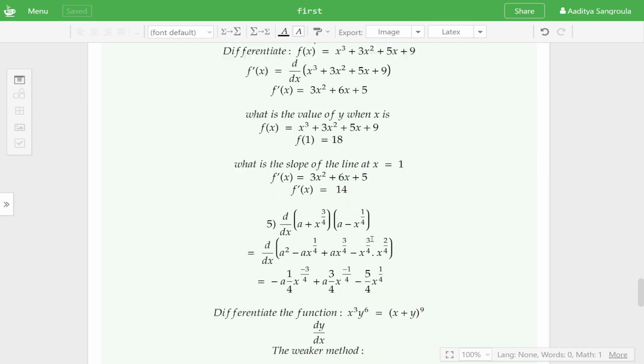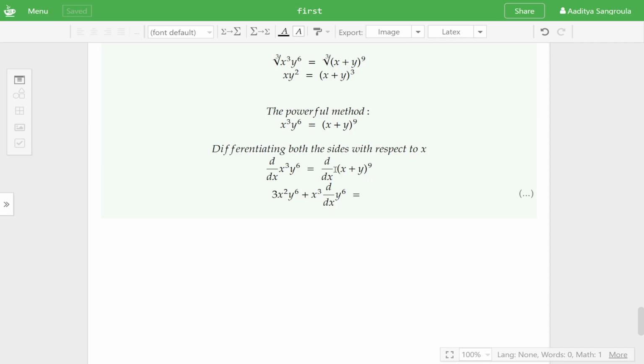So what do we do? Well, we have x plus y to the ninth power, but we don't have x plus y over here. So we do d over d of x plus y, and now we can differentiate x plus y to the ninth power.